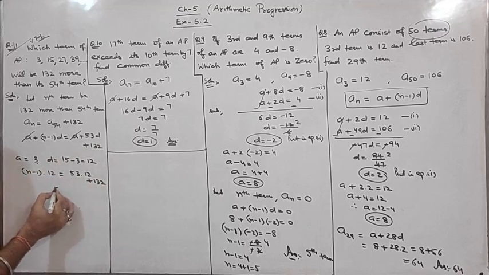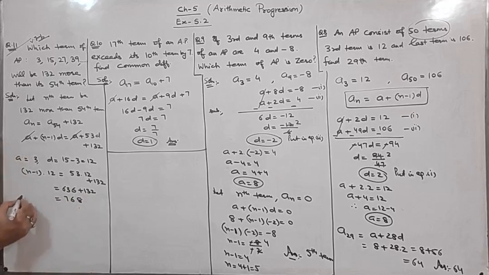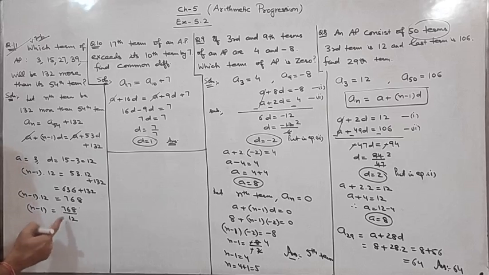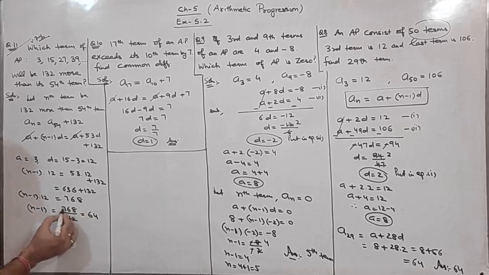Now solve the right hand side first. 53 into 12 is 636, plus 132 is 768. So n minus 1 into 12 is equal to 768. Shift this 12 to the right hand side, it goes to the denominator. 768 divided by 12 you get 64.